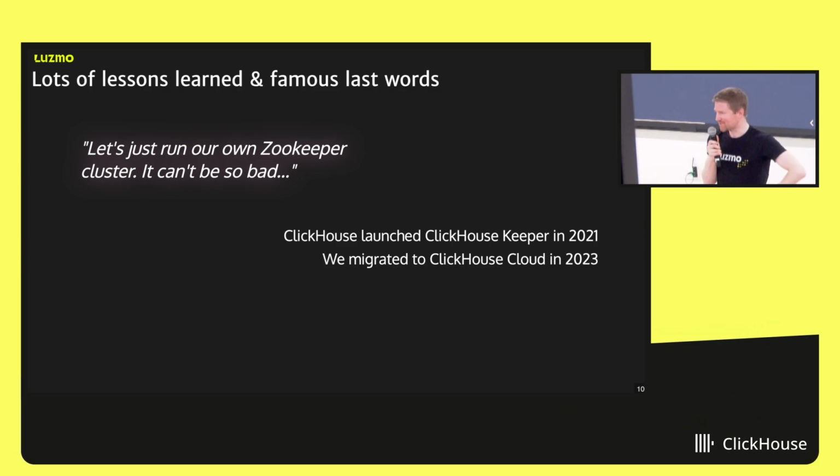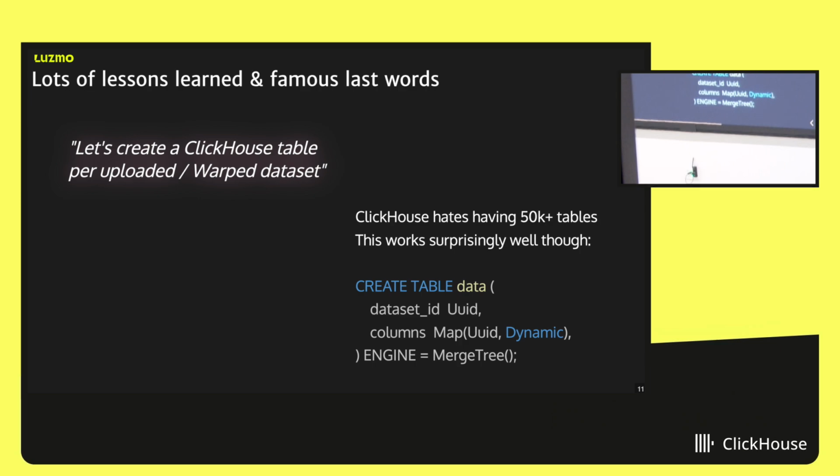That's a lot easier to run. And we eventually also migrated to ClickHouse Cloud in 2023 when it became available, just to remove the work there that's not our core business, to be operating the databases. We are more trying to engineer solutions to dashboarding and reporting problems.